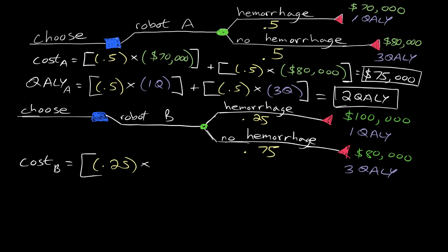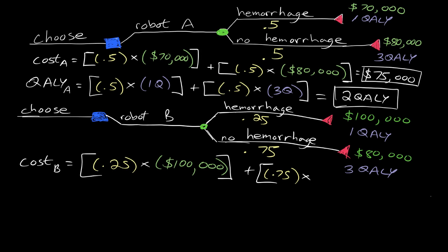Now you can see the formula for the cost of robot B is going to be similar to the formula for the cost of robot A, except it's no longer going to result in a simple average because those probabilities are different from each other. For robot B, there's a different probability of hemorrhage versus no hemorrhage. The costs and the qualities are still going to average, but they're going to be weighted more closely towards the cost and the qualities associated with no hemorrhage, because that probability weight of 0.75 is higher than the probability weight of 0.25.